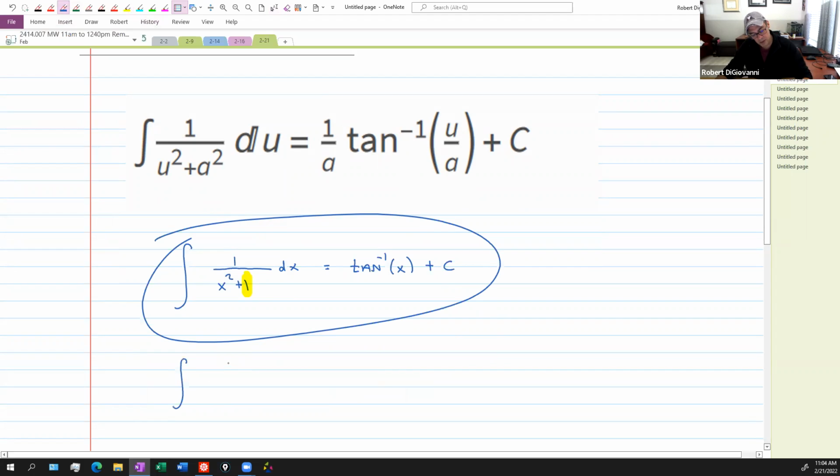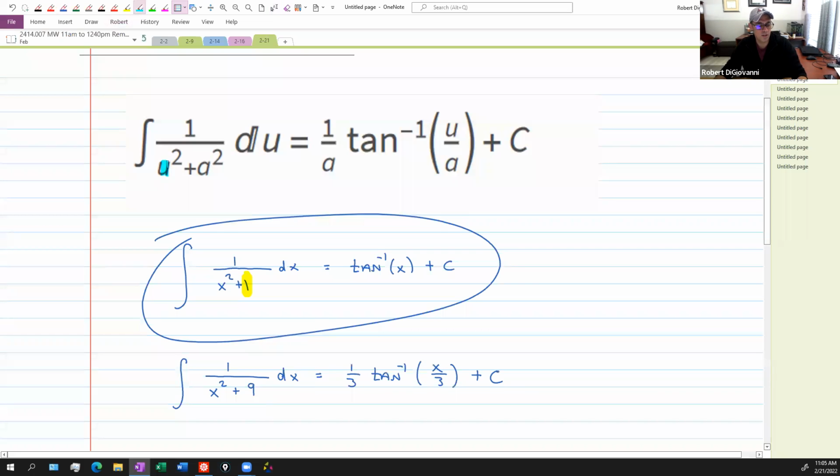If we had the integral of 1 over x squared plus 9 dx, well, here the 9 is the a squared, so a would be 3, and then we just use this formula. So it'd be 1/3 inverse tangent of x over 3 plus c. Y'all see how that formula works?